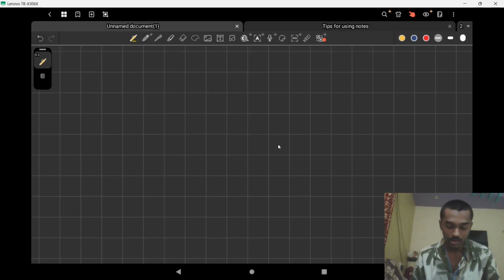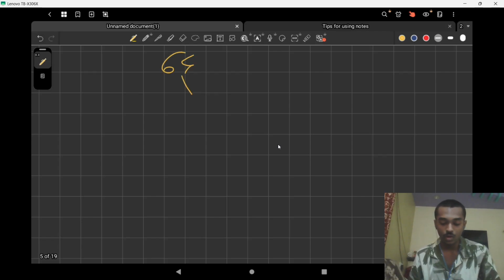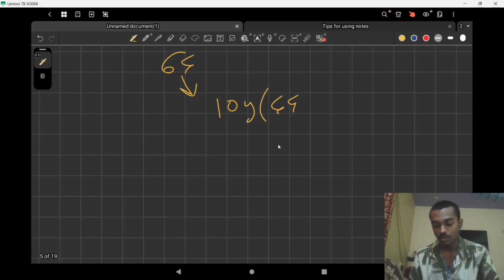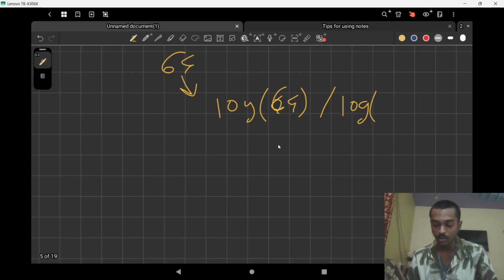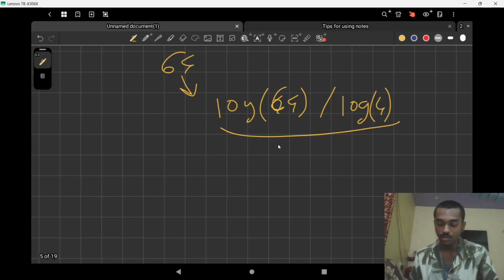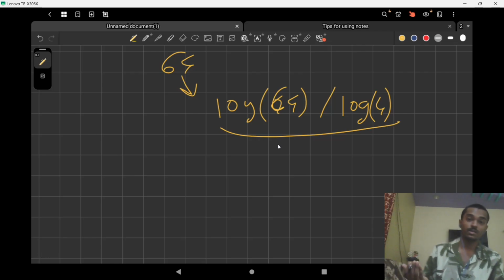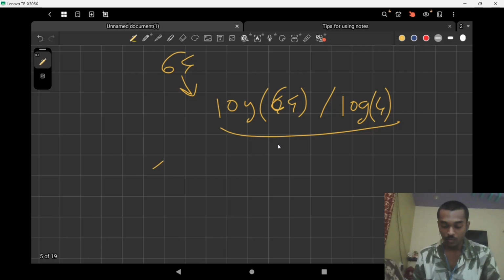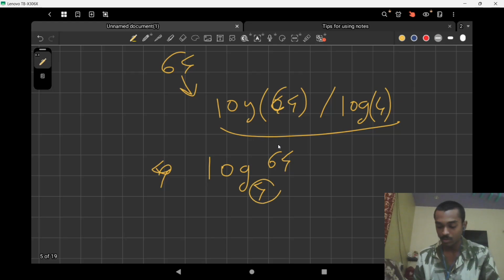So any number, like we can take 64, and if we take the log of this number with base 4, like log 64 divided by log of 4, right? What this statement returns is, let's see, log 64 base 4.